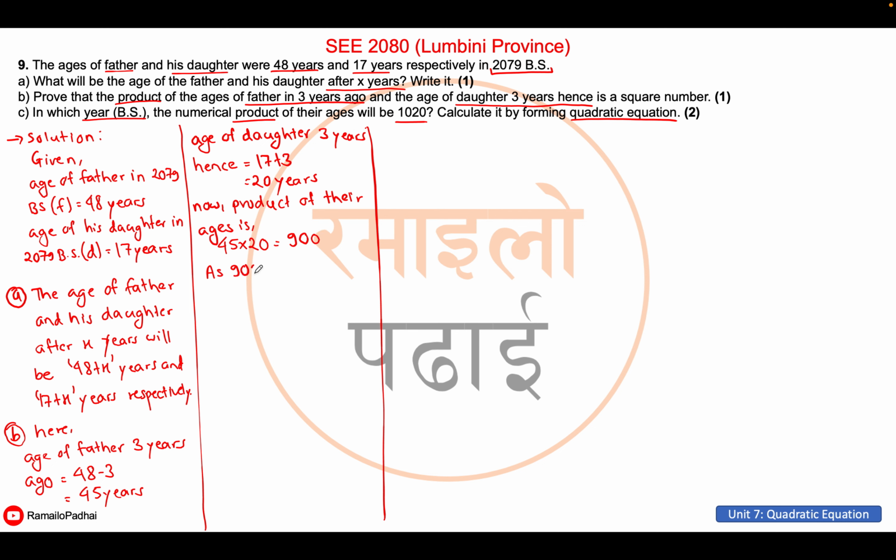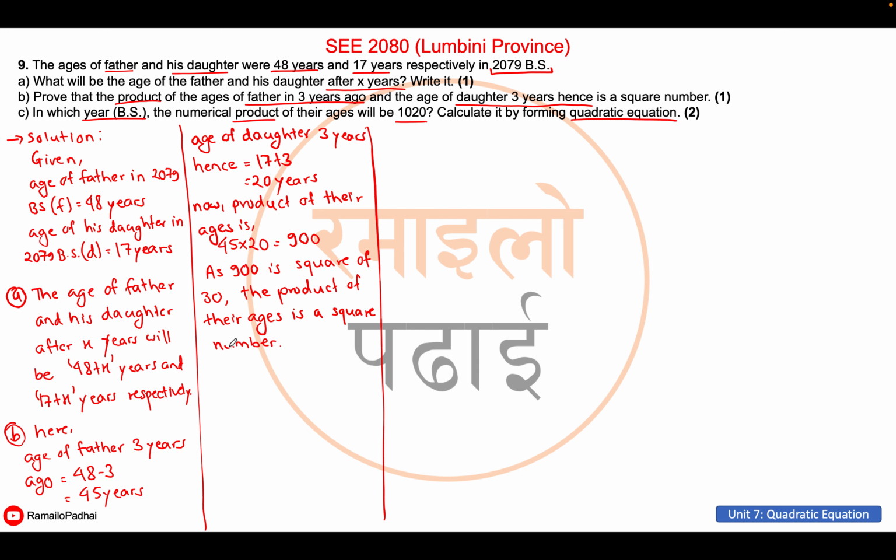As 900 is the square of 30, the product of their ages is a square number.